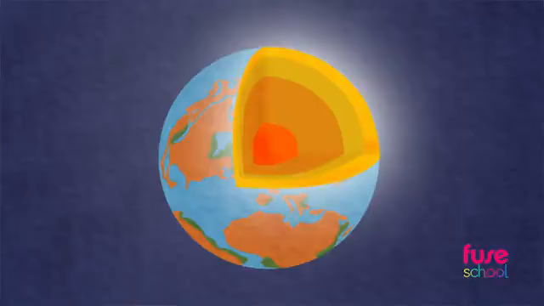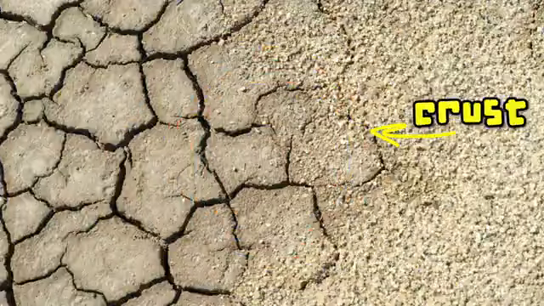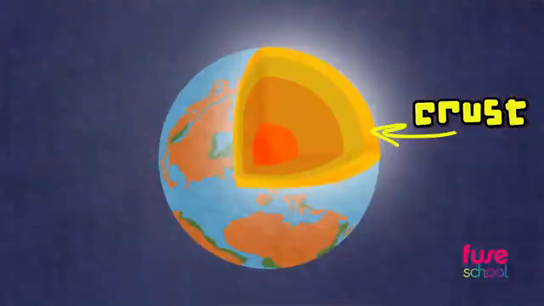So now let's look at the structure of our planet. The outer layer of the planet Earth is called the crust, and it's the hard, rocky surface that we live on. It covers the entire Earth, forming all the features on the surface like mountains and rivers and valleys and lakes and forests and deserts and vegetation, and it even makes the deep, deep at the bottom of the sea.